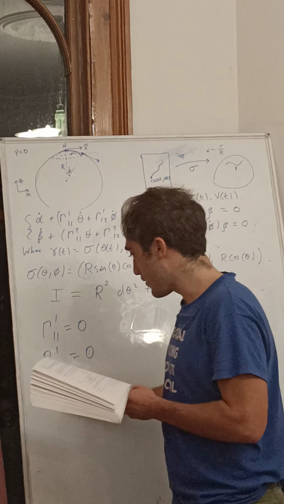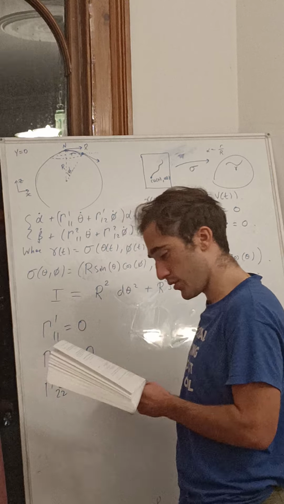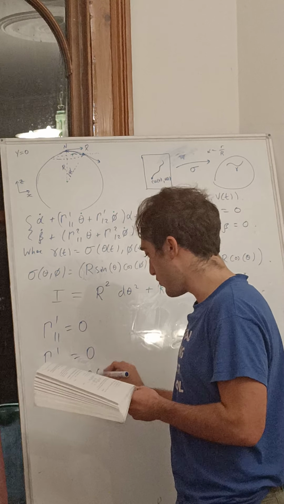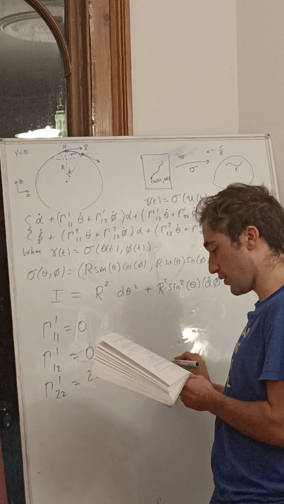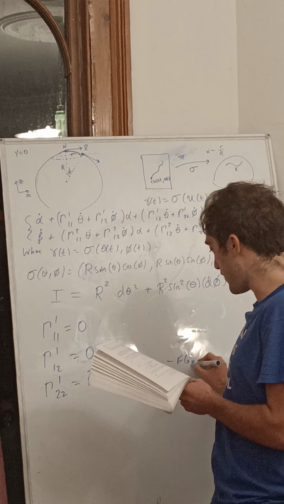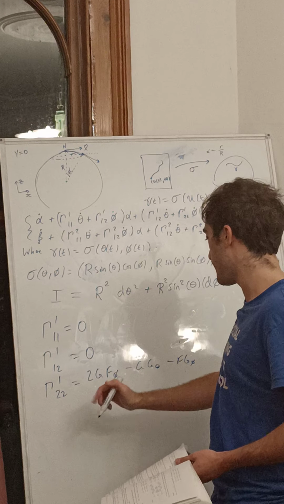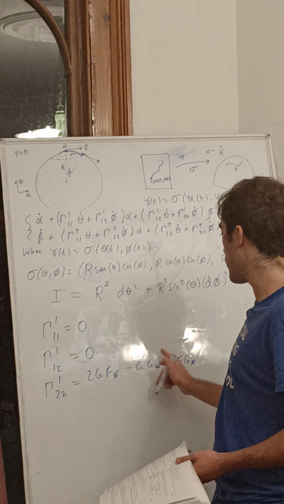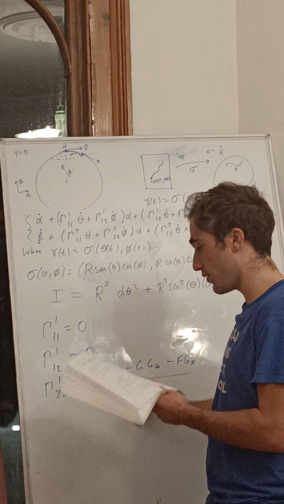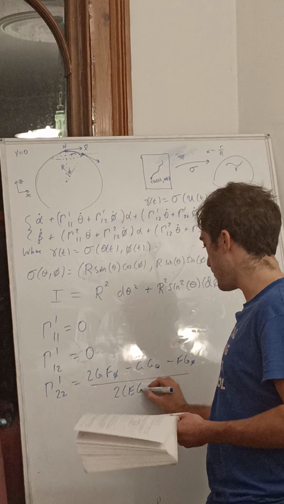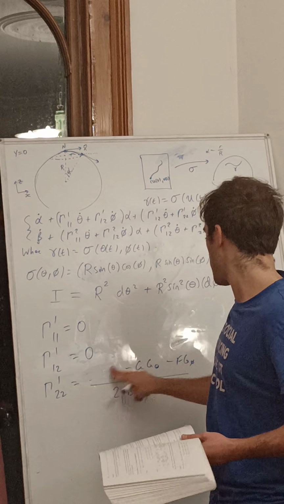If we look at gamma 1, 2, 2, that's 2GF phi minus GG theta minus FG phi over 2 into EG minus F squared. Careful, G does depend on theta, so that will survive, but F is equal to 0, so those terms go.